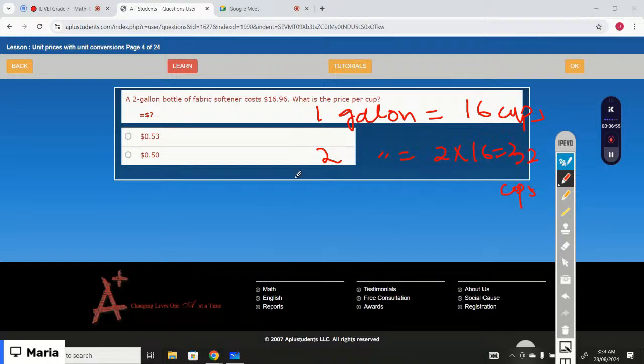So that means the price of $16.96 is for 32 cups.